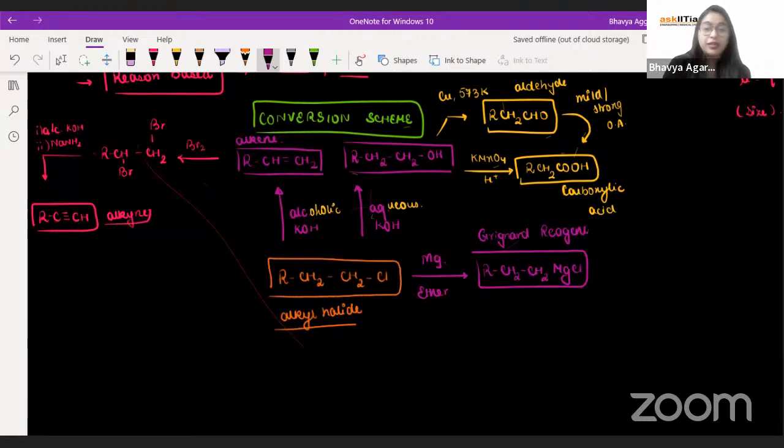Now, this is the part from where the number of carbons can change. Because Grignard is a reagent. Since it is a reagent, it is not a substrate anymore. Getting it? So substrate is that part of the reaction on which the organic reaction is taking place.